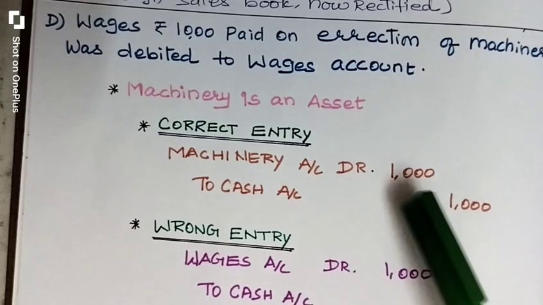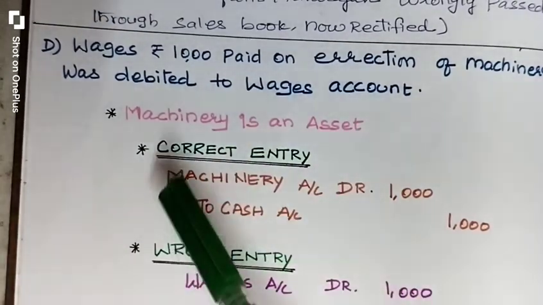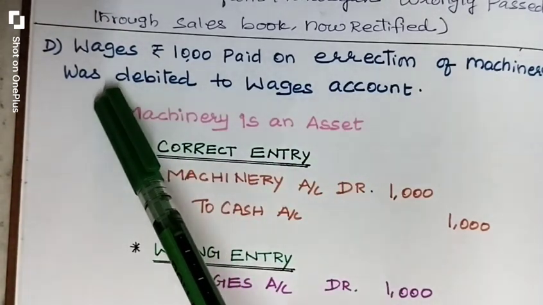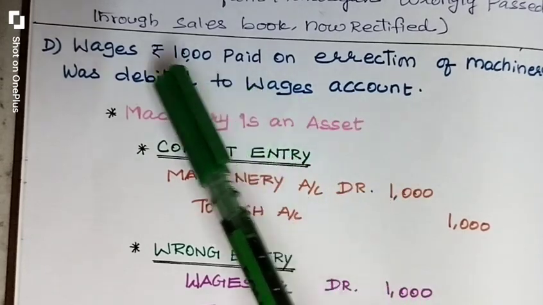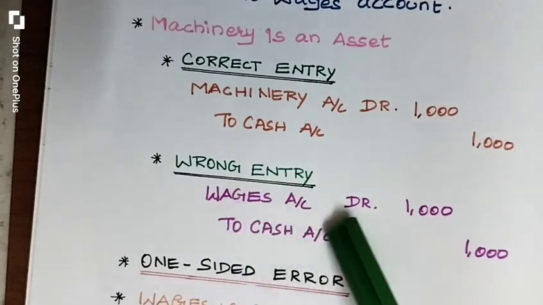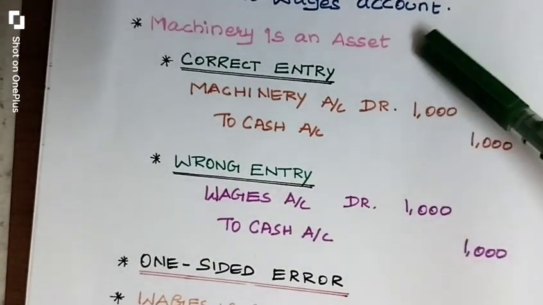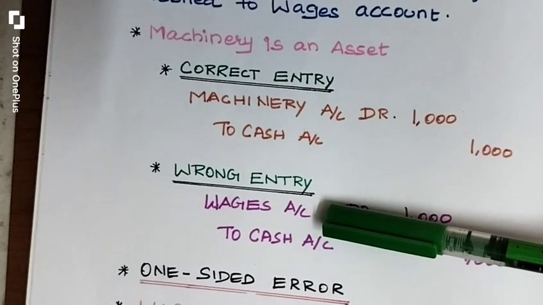This is the correct entry. But an accountant wrongly debited the wages account. So the wrong entry is wages account debit 1000 rupees to cash account. Instead of machinery, the accountant entered the wages account on the debit side.